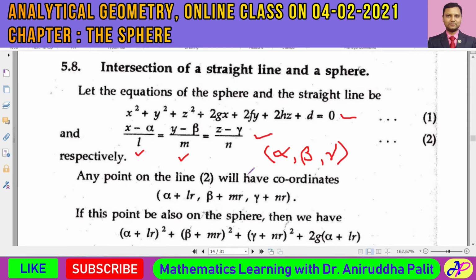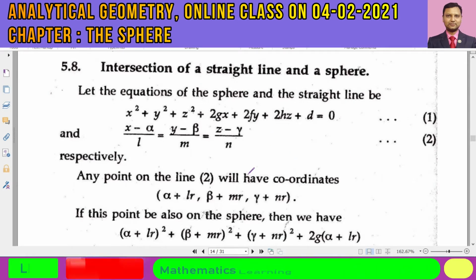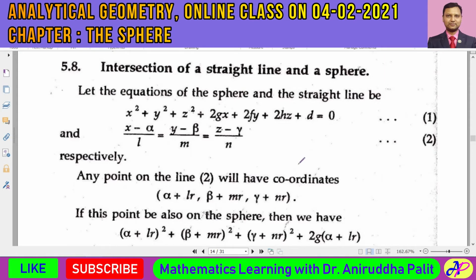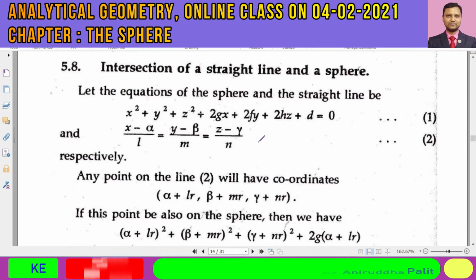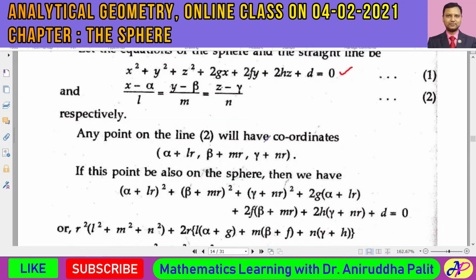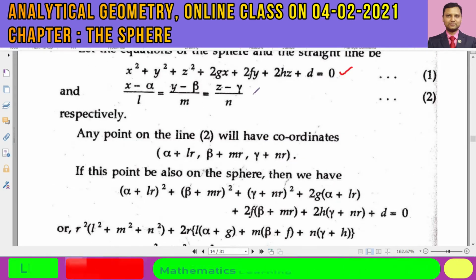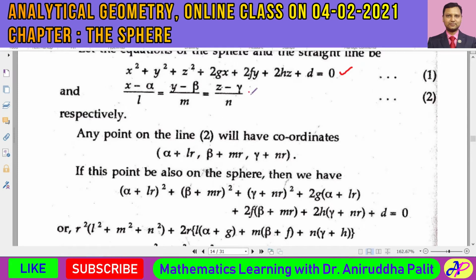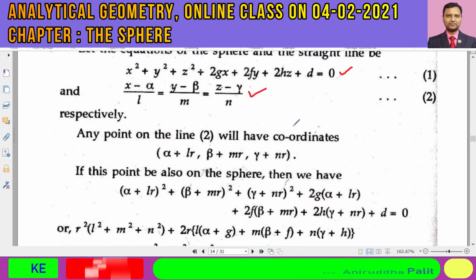We are going to show that this straight line will intersect this sphere at most at 2 points. How can we show this result? Let us consider any arbitrary point on this straight line number 2.